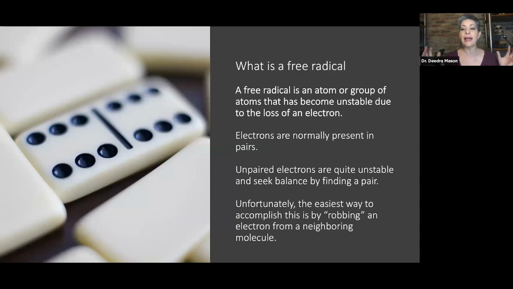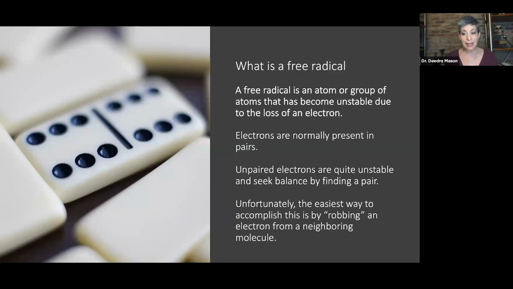Electrons are normally present in pairs. And really what we're talking about is the way energy or nutrients or cells connect with each other. And they do it through bonds and what are referred to as electrons. And when they are alone, they seek out a pair. They're unstable on their own.